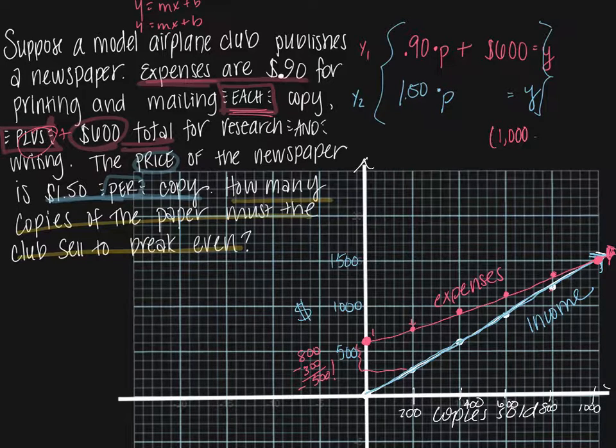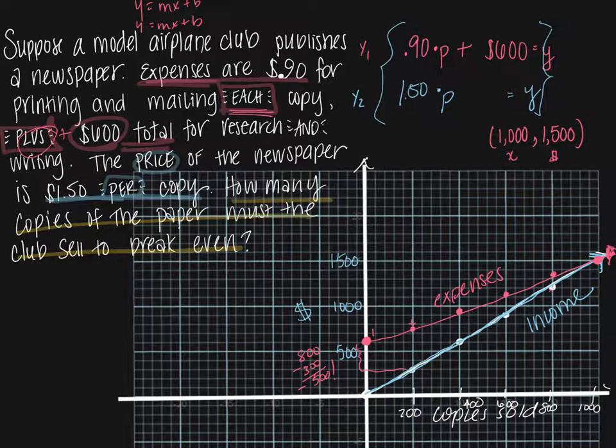If you plug these into your graph, you're going to get something that looks like this as an ordered pair when you go to calculate intersection. So this is telling me that at 1,000 newspapers, I make $1,500. And that is the point at which I start making profit. I have to sell 1,001 to actually earn a profit.